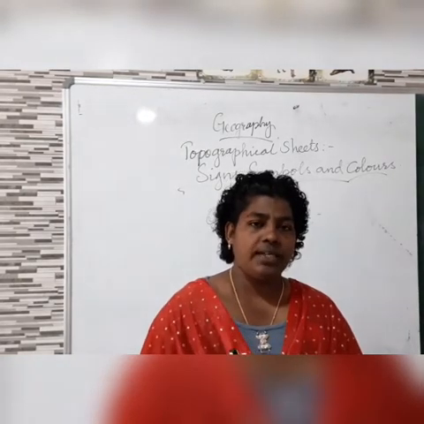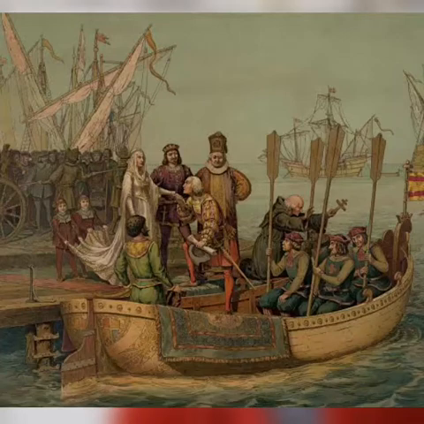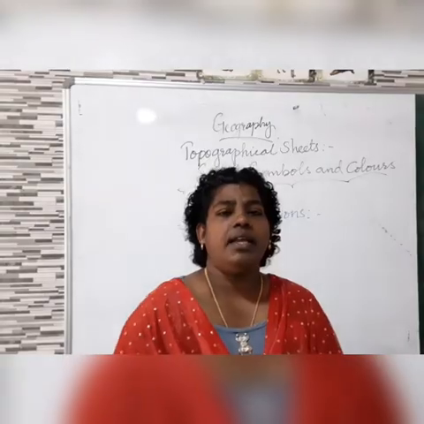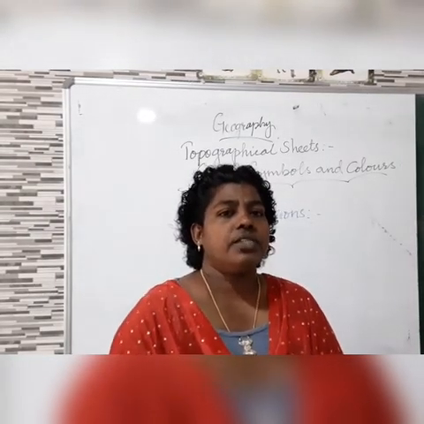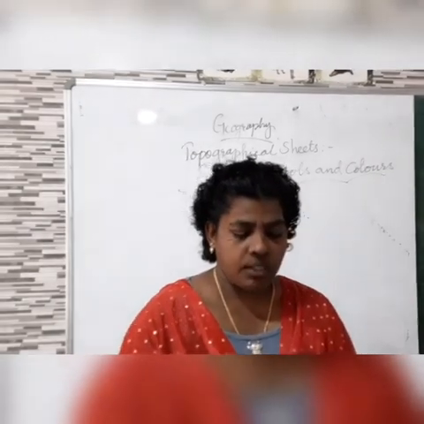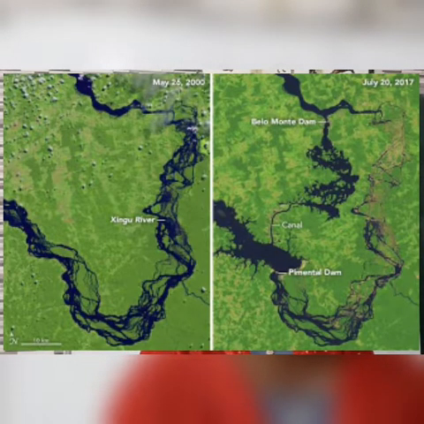If you manufacture goods and items, they will be transported to different places. First, agriculture. How is it indicated in the topo sheet? Large tracts of land indicate cultivation of crops, so the people are farmers and cultivators.